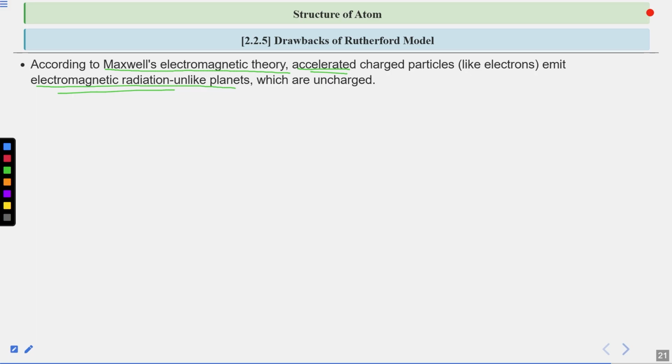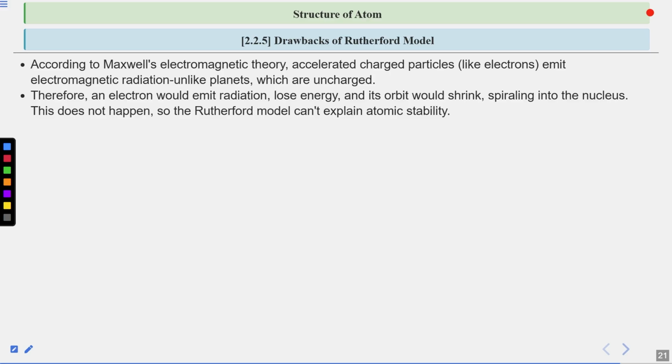Now, why is it not applicable for planetary celestial bodies? Because they are uncharged, but our electron is charged. So this is the difficulty with the direct analogy of your planetary model with the nuclear model.